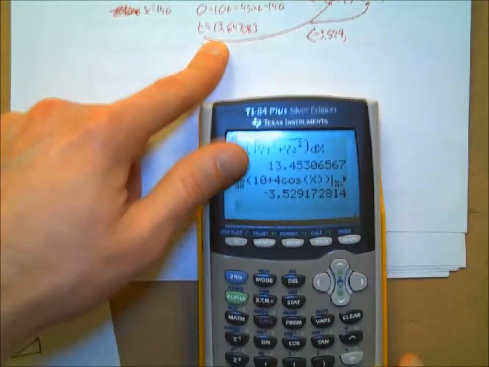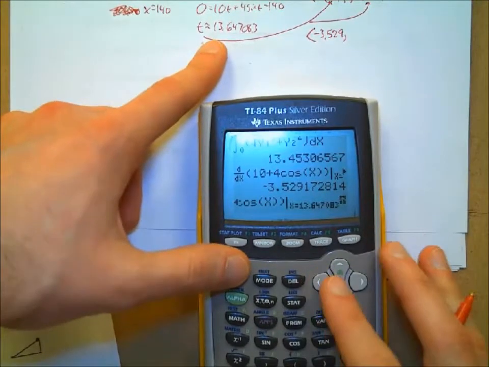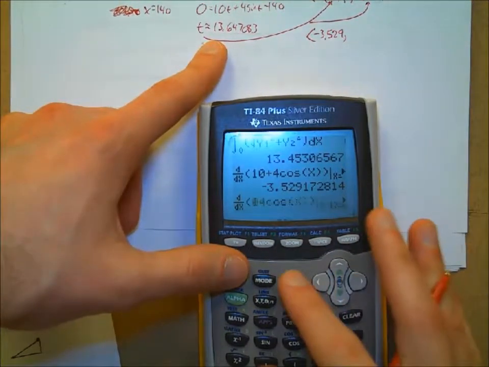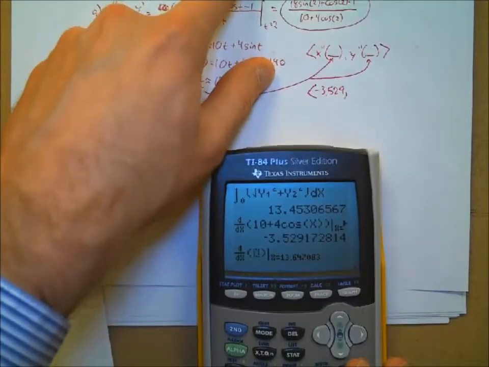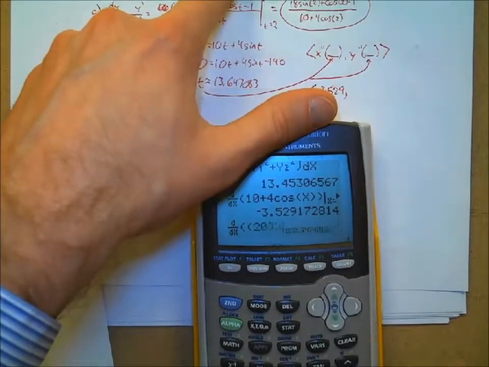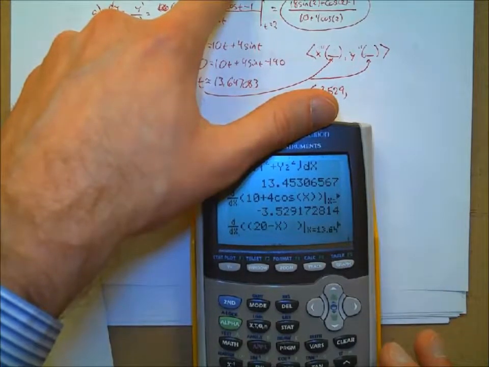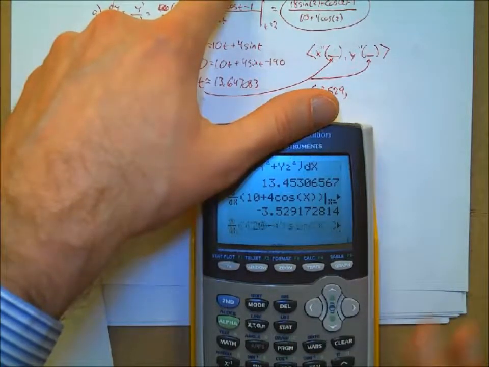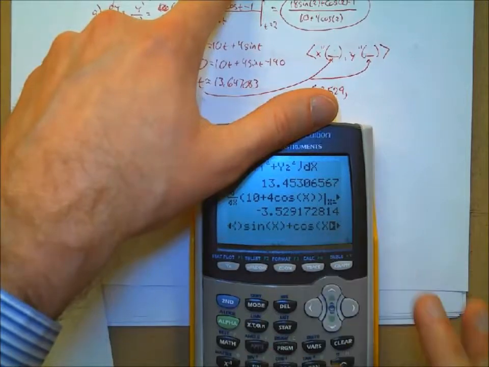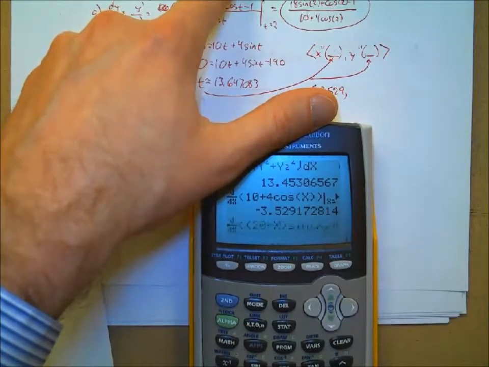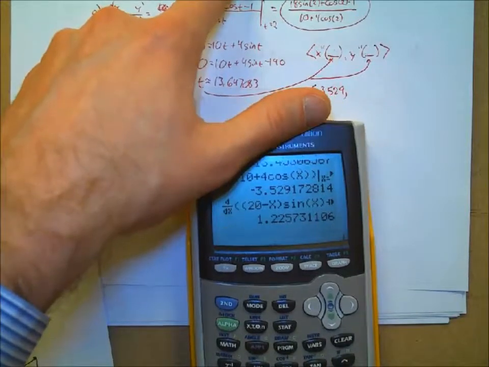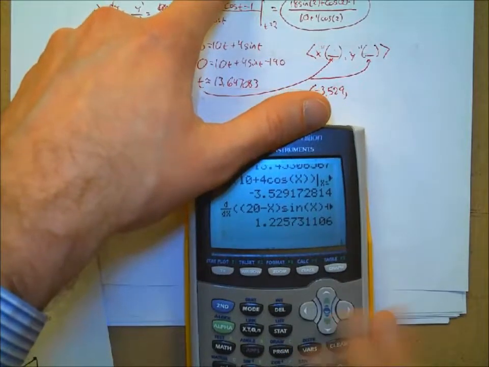Comma, and then we'll do the value of the derivative at the y prime component there. So 20 minus t sine t plus cosine t minus 1. Okay, and about 1.2257.